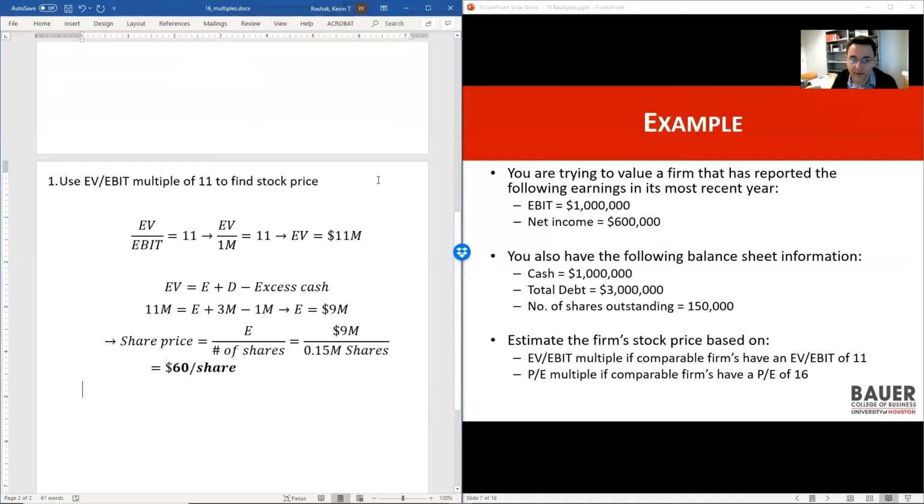So that would be one way to value this company. Again, this was the new stuff for today, just calculating the enterprise value using the multiple we have. And then we know all this business about the enterprise value from before the first midterm.